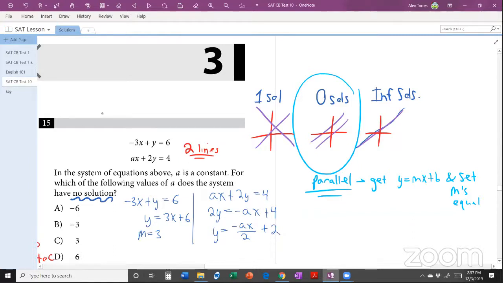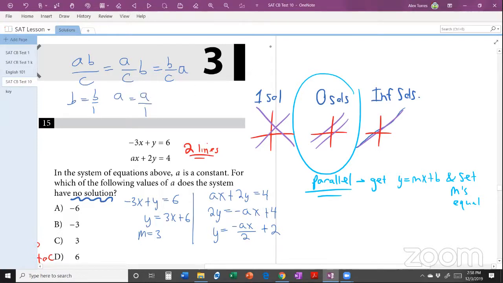Now for the ax over 2, we have to know that a times b over c can also be written as a over c times b, or as b over c times a. The reason is because b is really the same as b over 1, or a is really the same as a over 1.